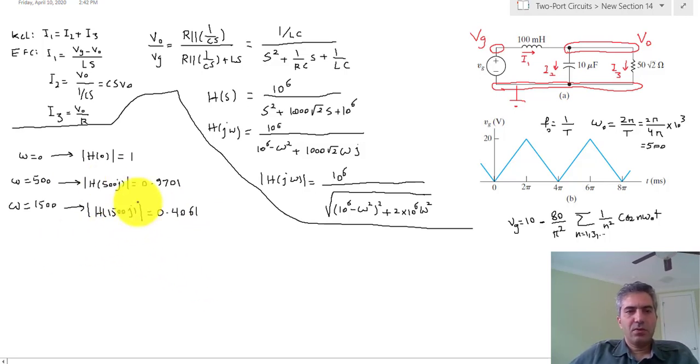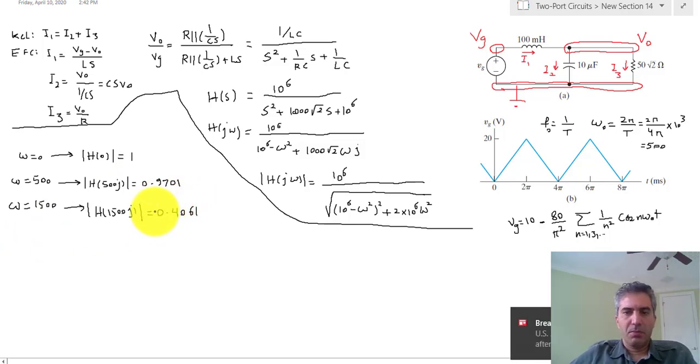Now with these three, we're going to stop, and this would be a pretty good approximation, because when you calculate the fifth harmonic, this value is going to be too small compared to these, and therefore you already know that that component is not going to have much of an effect in the output.